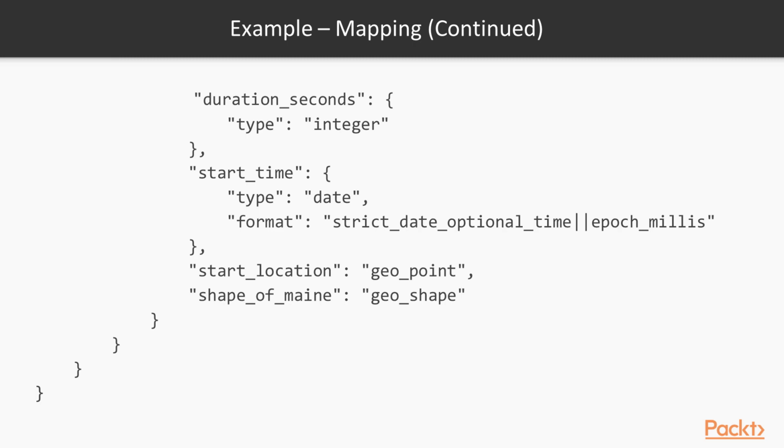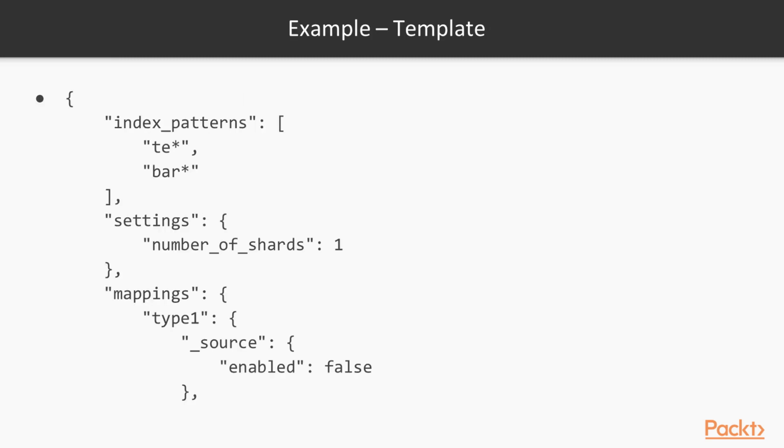Remember we talked about settings and mappings. Then we have the mappings, and we'll add a document type of type1, _source enabled false. We'll have some properties of that type, which in this case will have a host name, and the type will be keyword, and then we'll have a timestamp, created at. If you think about that as basically a log file entry, it doesn't really matter. It's an example.